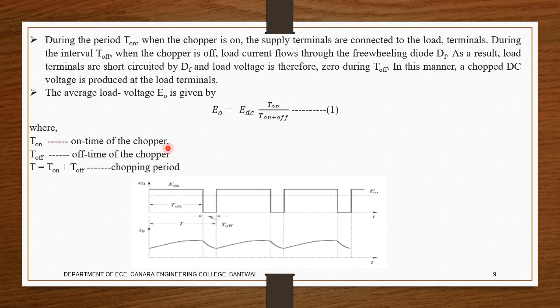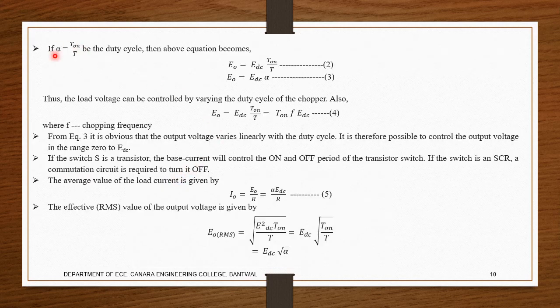T on is the on time of the chopper, and T off is the off time of the chopper. In short, T on plus T off equals T, the chopping period. If alpha equals T on by T is the duty cycle, that is what we denote. The above equation we can write as E0 equals EDC into T on by T, so E0 equals EDC into alpha.